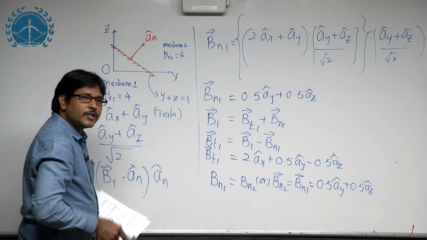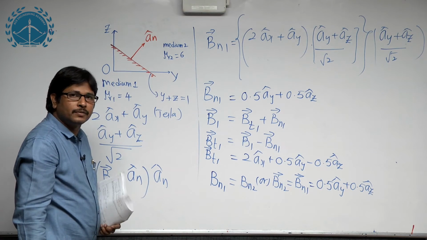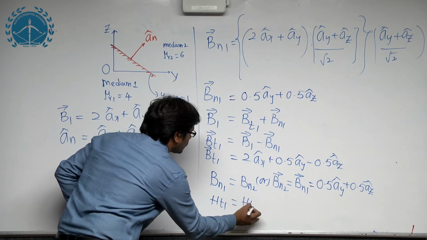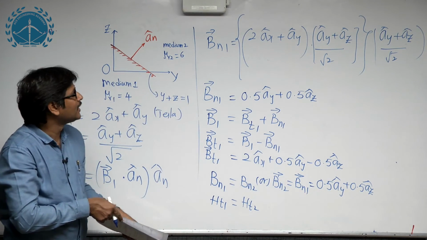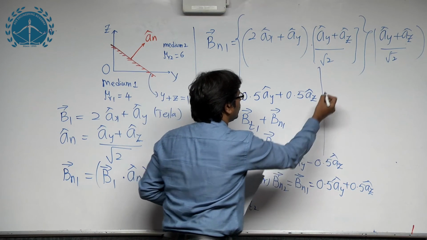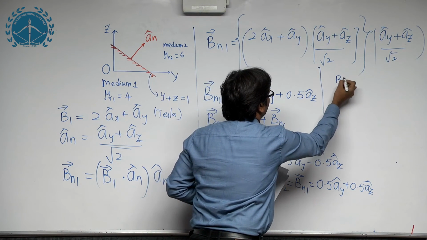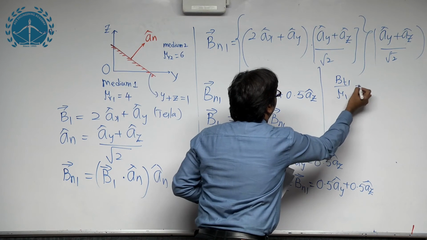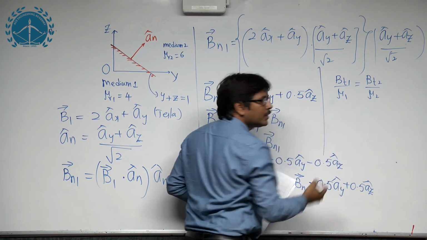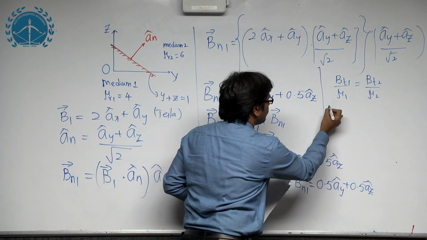Another boundary condition is that the tangential components of magnetic field intensity are the same. Ht1 is equal to Ht2 if the interface is current free. So from this we can write Bt1 by mu1 is equal to Bt2 by mu2. Once we know this, we can compute Bt2 bar.